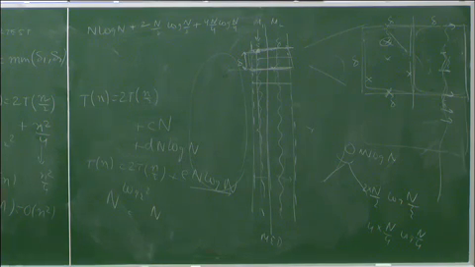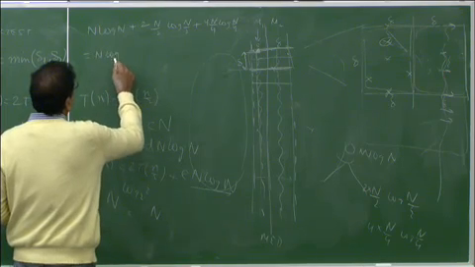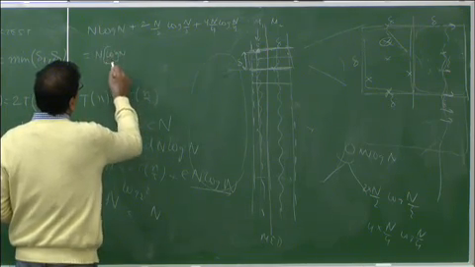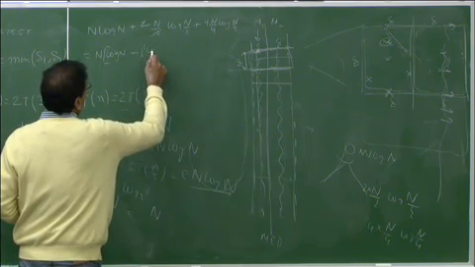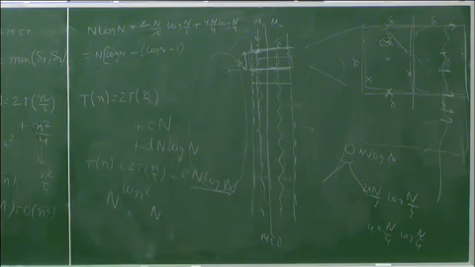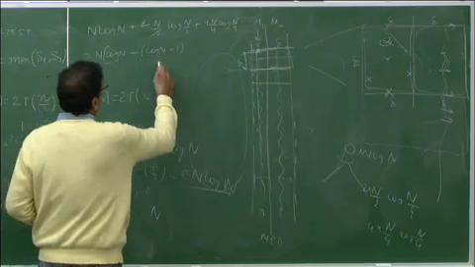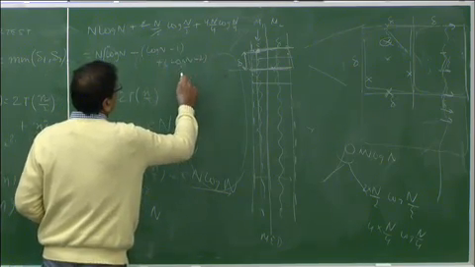So this gives you n log n, and the factors cancel out. Log of n over 2 is what? Log of n minus 1. The next one is nothing but log of n minus 2, and so on.